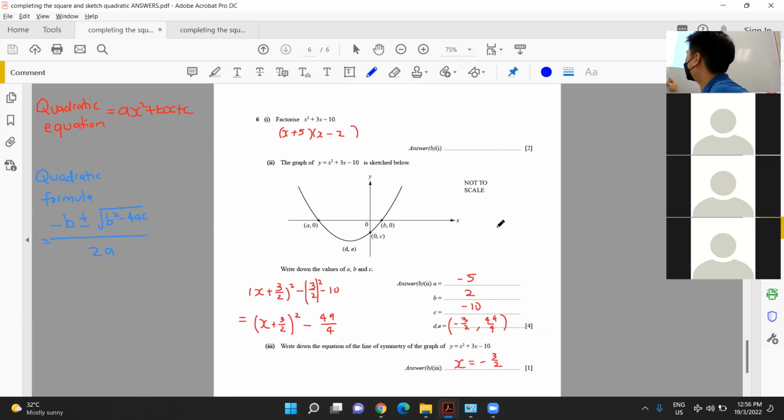Oh, because you don't have a calculator. You can use the method.